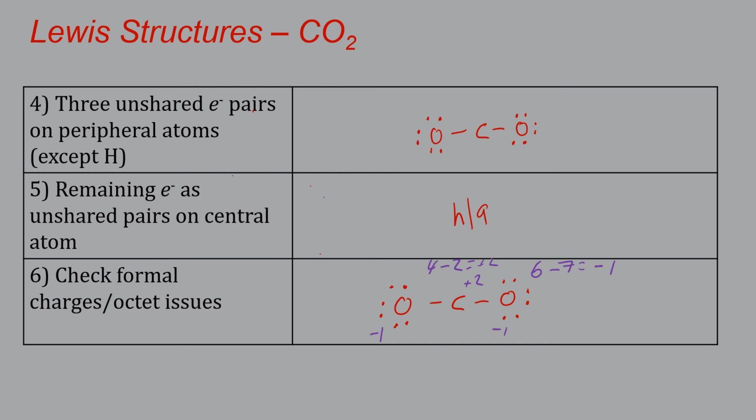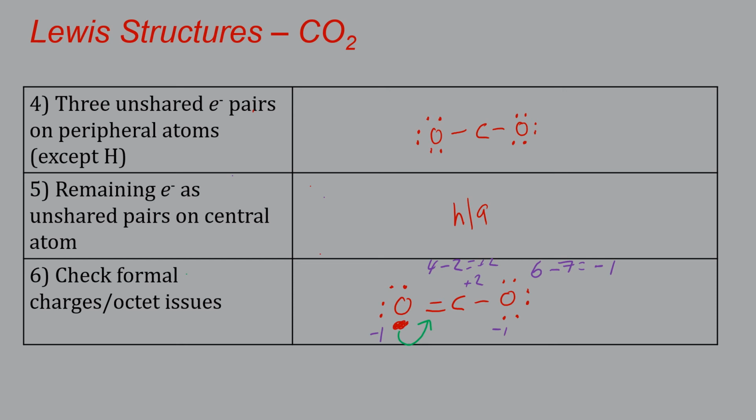And the way that we get rid of formal charge and the way that we fix this octet problem is actually the same thing. We simply move one of the unshared pairs from the outside atoms to being a shared pair here. Don't forget to cross that out.